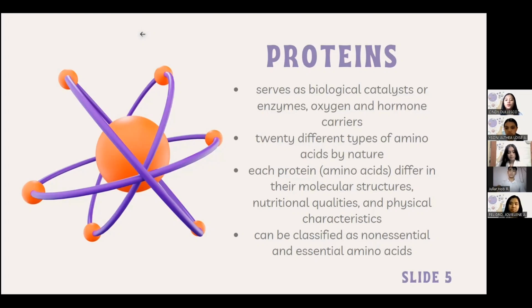Additionally, each protein or amino acid differs in its molecular structure, nutritional qualities, and physical characteristics and can be classified as non-essential and essential amino acids. And in this experiment, we managed to figure out how we can distinguish protein in substances as it usually shows a violet color when a reagent is added. However, since there are different structures of amino acids, some other colors may also appear in the process.